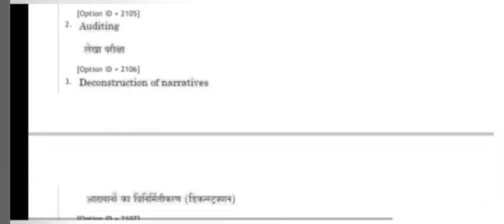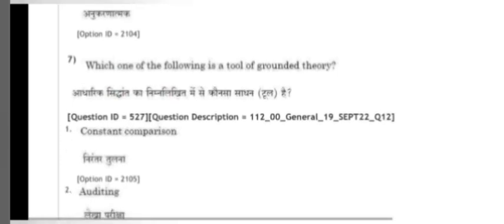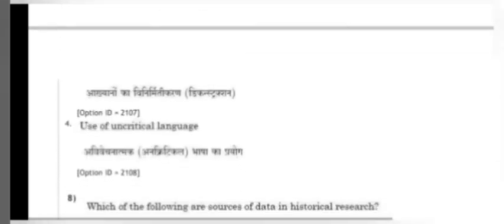Next, which one of the following is a tool of grounded theory? Constant comparison, auditing, deconstruction of narratives, use of uncritical language. It will be number D, that is use of uncritical language.